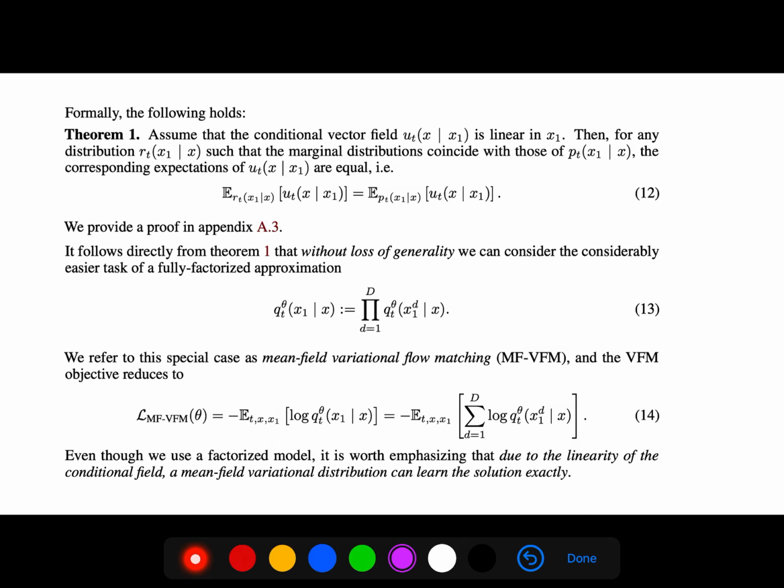So, without loss of generality, we can just consider this fully factorized approximation. Then you will notice that this is the mean field variational flow matching. So it will be reduced to this log of Q. So these multiplications become a summation over d different dimensions.